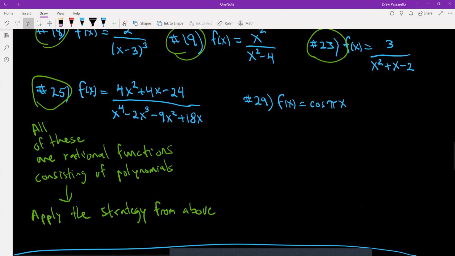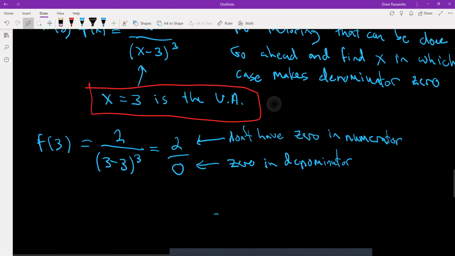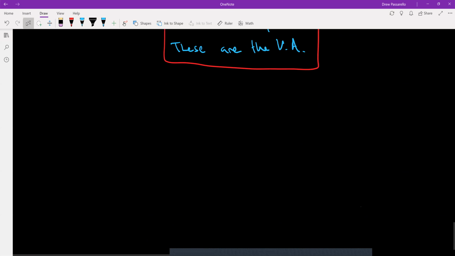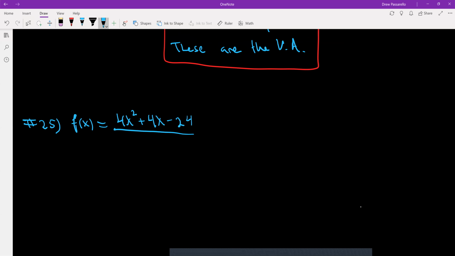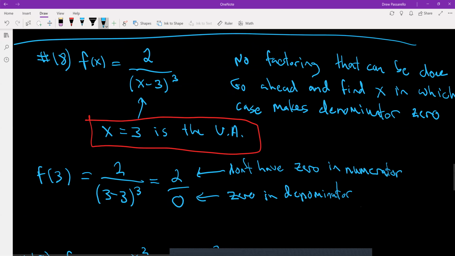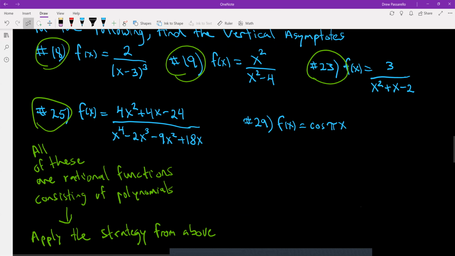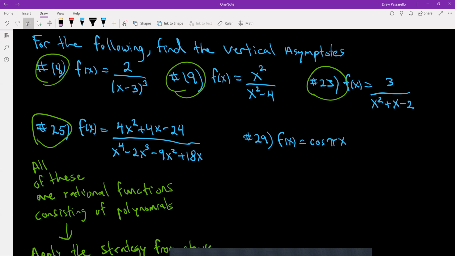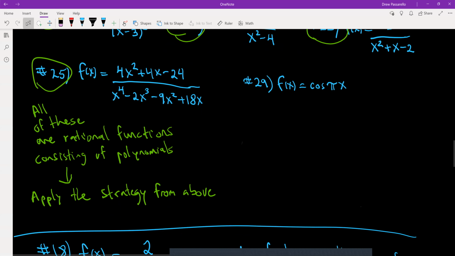So number 25 has this crazy looking function. And the denominator has 4 terms, and it was x to the 4 minus 2x cubed minus 9x squared plus 18x.